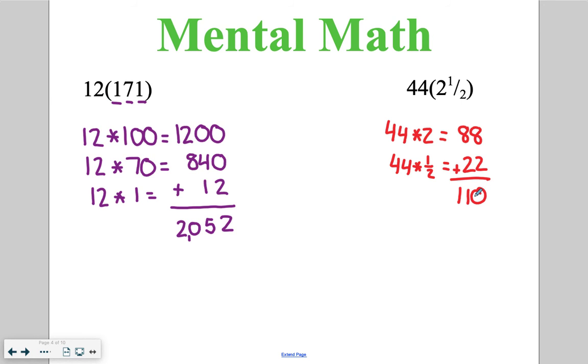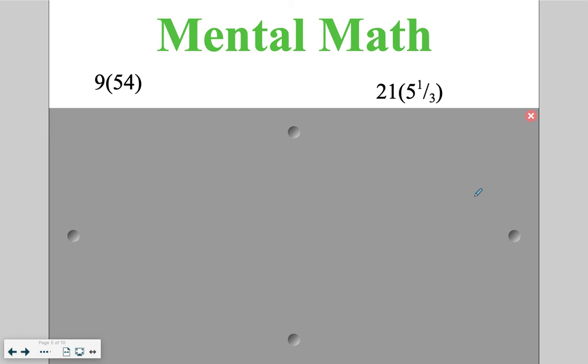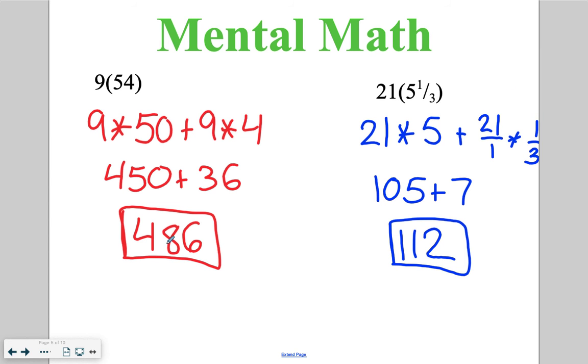So you can use the distributive property to break numbers down and help you do quicker mental math. Go ahead and try these two on your own. When you solve the first one, you're going to end up with 486, and the second one gives you 112.